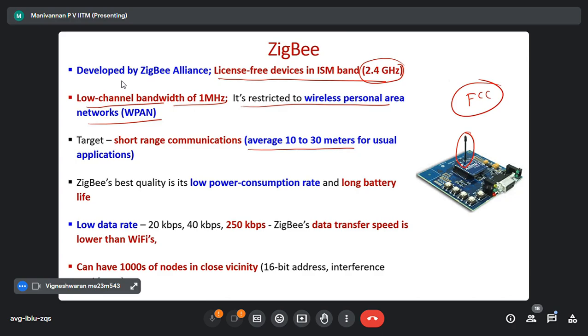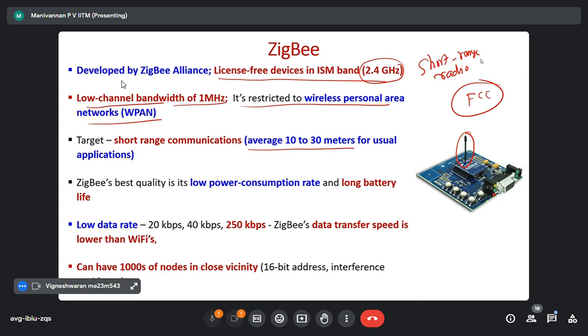So the power developed by a Zigbee system is such that the range is in the order of 30 meters only. So it is called short range radio communication.